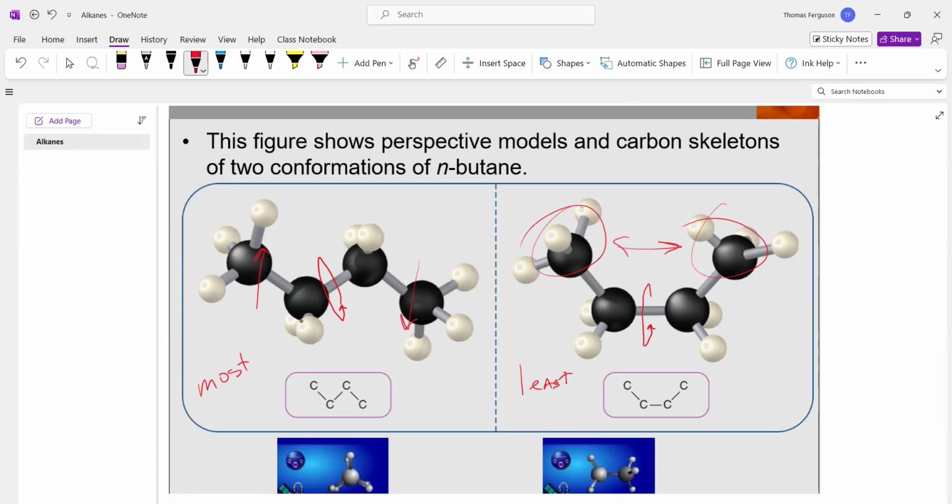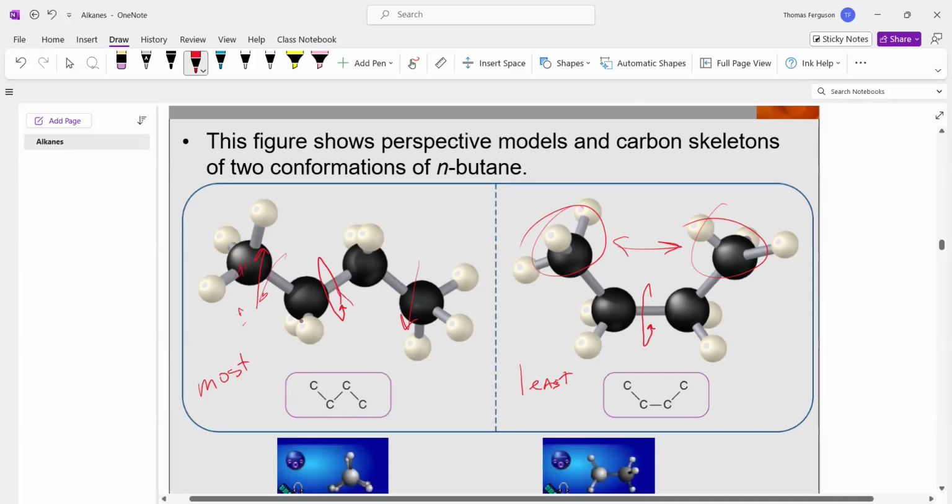Understood? That makes sense? So because of the repulsion force, it's making it less stable? Well, the repulsion force is what drives one to become more stable than the other. See, every one of these can rotate. This one here rotating is not going to do anything. This one here rotating, though, is going to move this up and down.